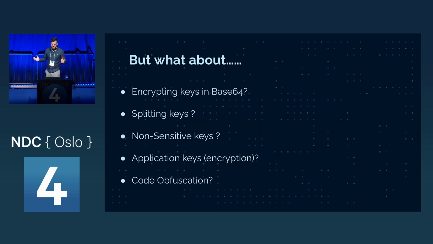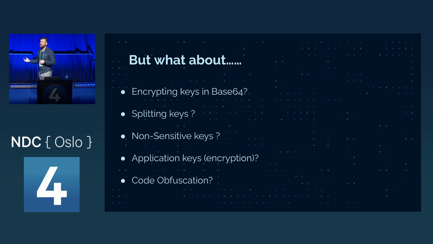Now, I get lots of pushback on this, from people asking, okay, but what about... The first one is encrypting it in base 64. This is just making an extra step for secrets. Splitting keys: what if I store one part of the key here and one part of the key here, and then the mobile application puts them together? A lot of people say, what about if the keys aren't sensitive?